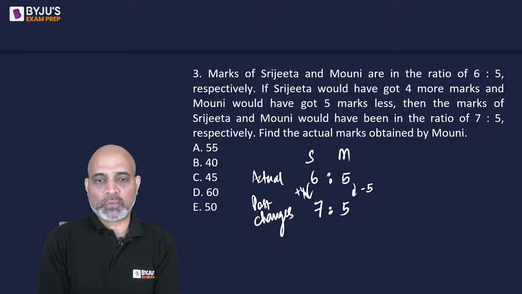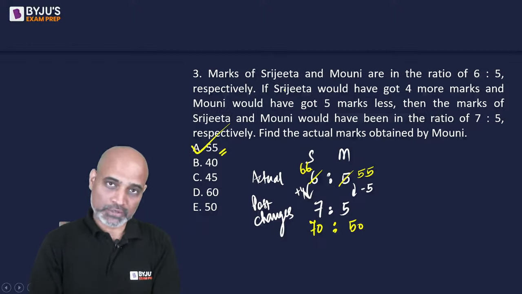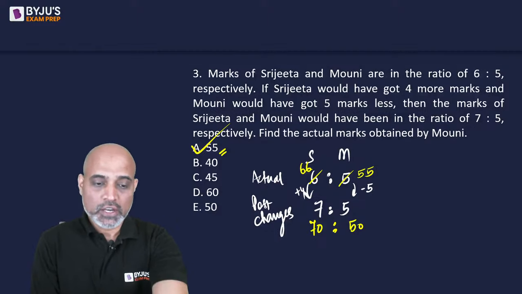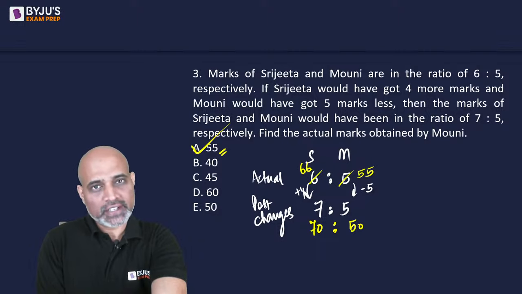If actual marks obtained by M is 55, so instead of 5, if this is 55, then instead of 6, this is going to be 66. 66 plus 4 is 70. 55 minus 5 is 50. Is 70 and 50 in the ratio of 7:5? Yes, it is. Tick karo, aage badho. ठीक है? Because we will have values, so it's going to be easier to actually calculate and analyze what is happening.